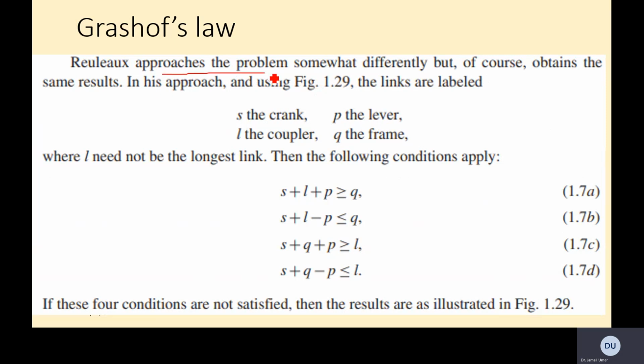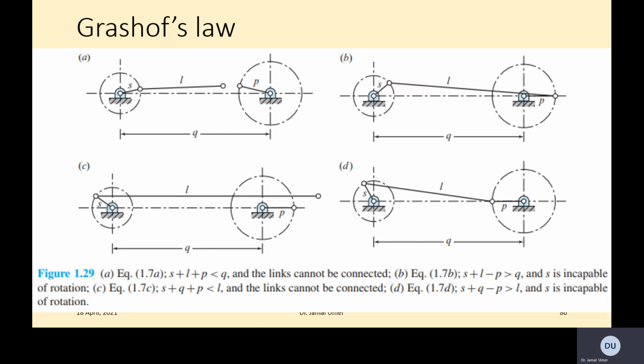This approach treats the problem somewhat differently, but of course obtains the same results. In this approach, we use figure 1.29, which is a combination of different figures.